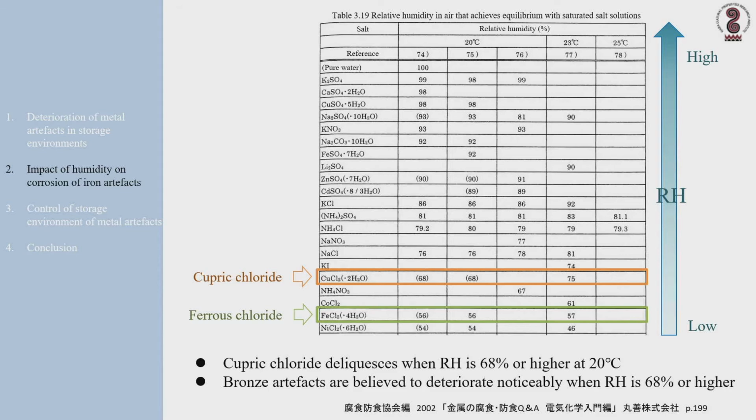According to the table, copper chloride will supposedly deliquesce at a relative humidity of 68% or higher at 20 degrees Celsius, and deterioration is likely to progress noticeably at a higher humidity. The fact that the relative humidity at which copper chloride deliquesces is higher than that of iron chloride suggests that bronze artifacts are less likely to deteriorate while in storage than iron artifacts.